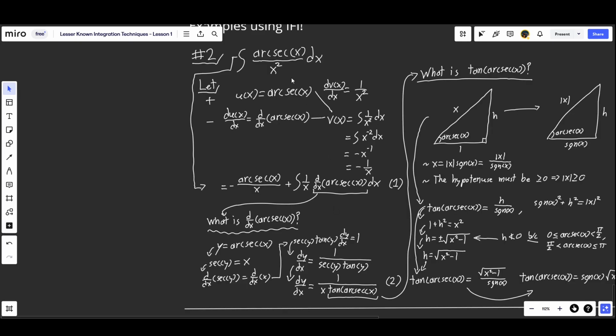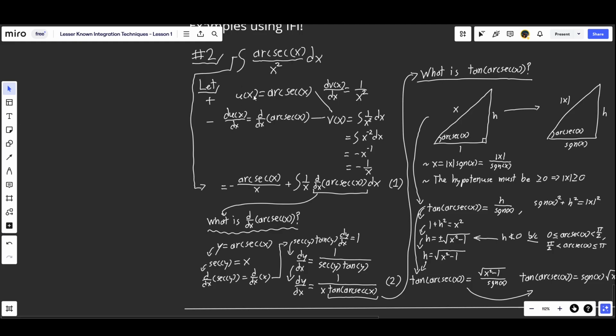We are going to start this by using integration by parts. We're going to set u of x equal to arcsecant of x in the integral, and we're going to set the derivative of v of x with respect to x equal to 1 over x squared in the integral.